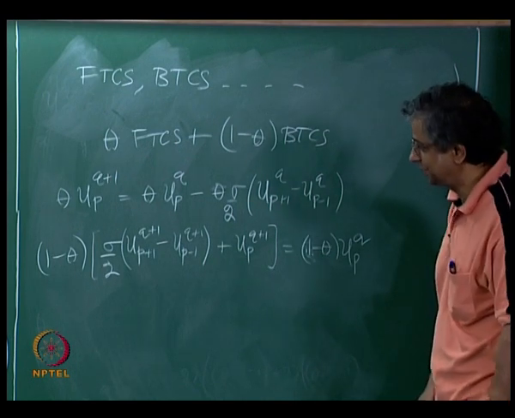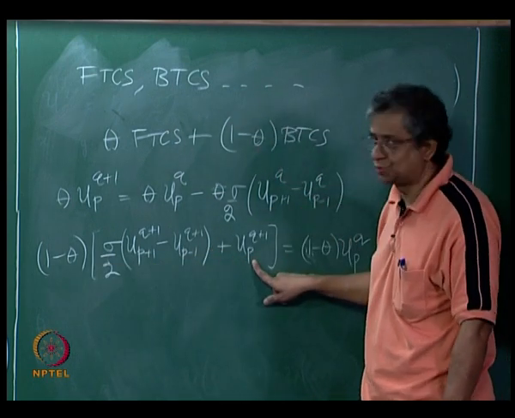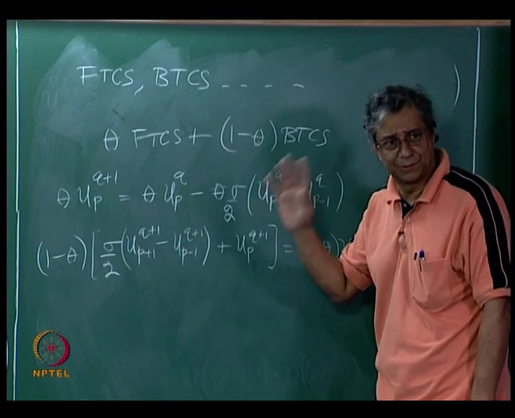If you add them up, what do you get? There is a 1 minus theta U_p^(q+1) and a theta U_p^(q+1), so the theta will go away.